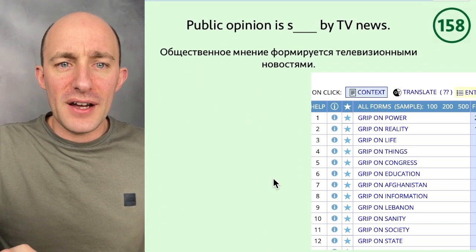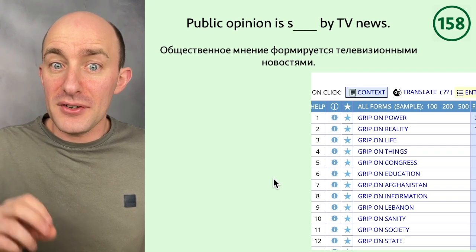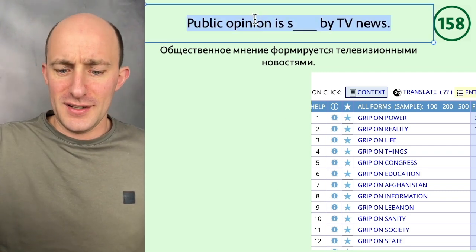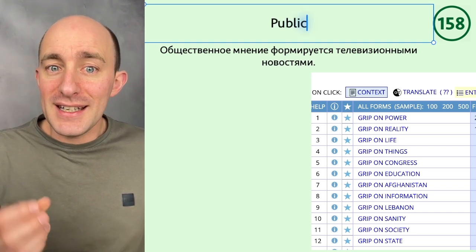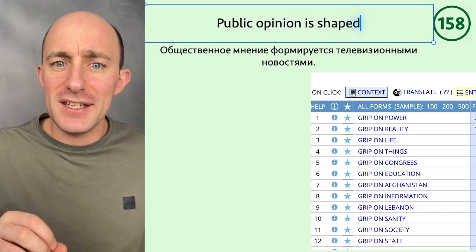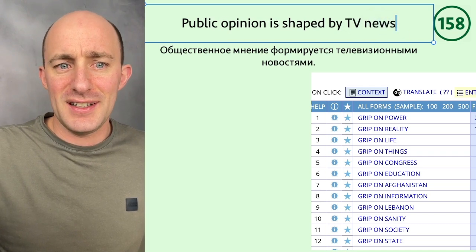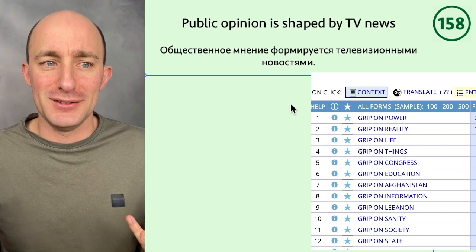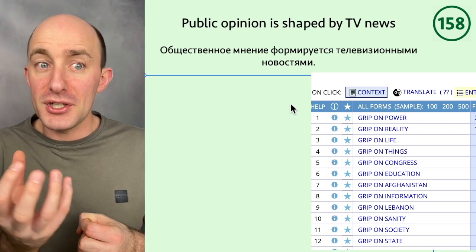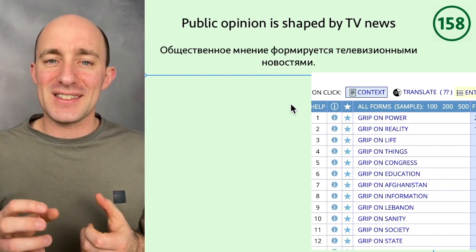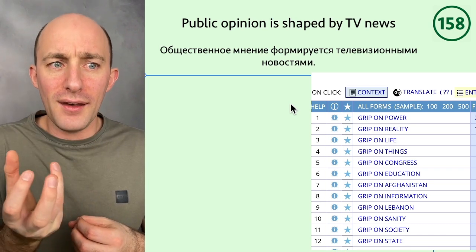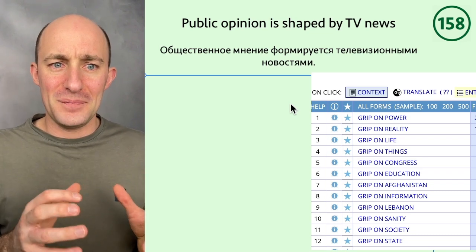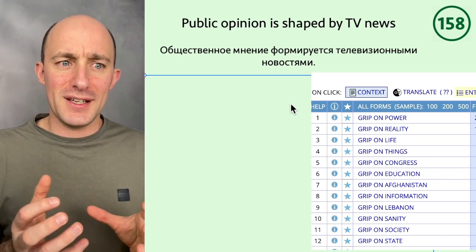All right, 158. Общественное мнение формируется телевизионными новостями. Формируется. Public opinion is shaped by TV news. It's shaped. Of course, you know the noun, a shape. But the verb to shape, not everybody knows. So we often talk about shaping something that's not physical. So you can shape somebody's opinion.